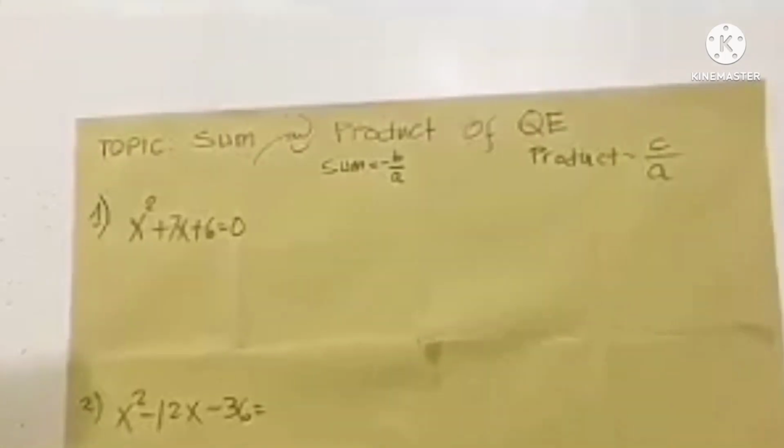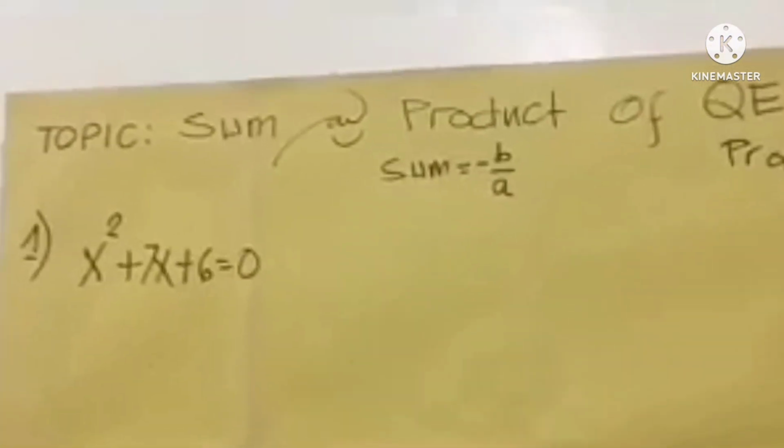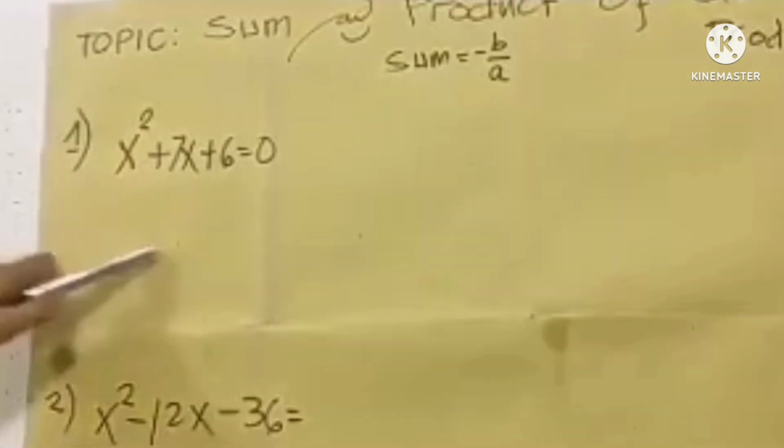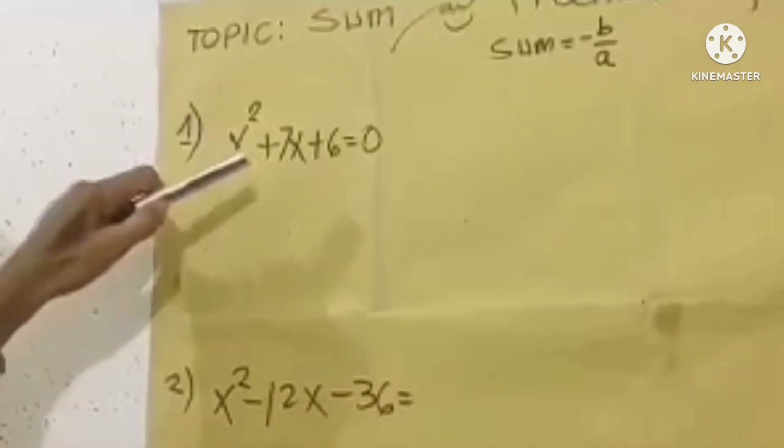The topic for today is about the sum and product of quadratic equations. There's a given equation x squared plus 7x plus 6 equals 0, second degree, equals 0, so it is in standard form. This is called a quadratic equation in standard form.